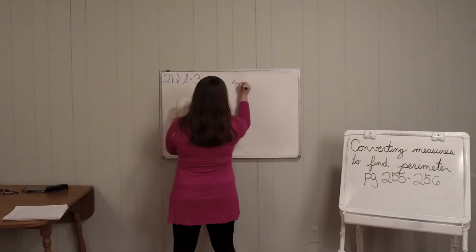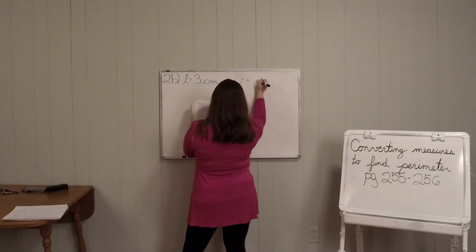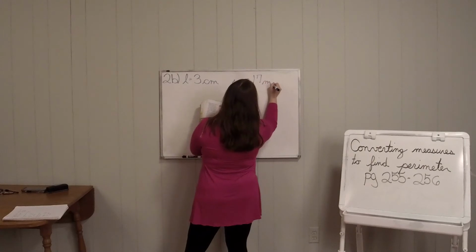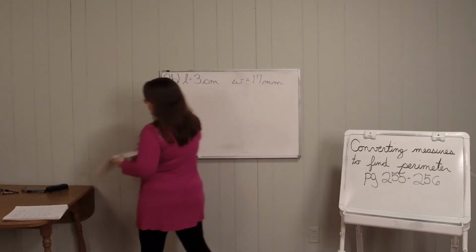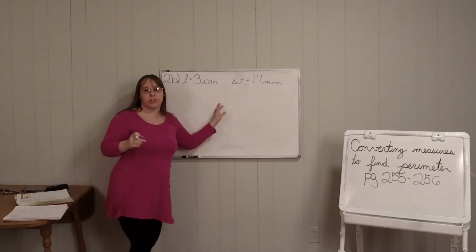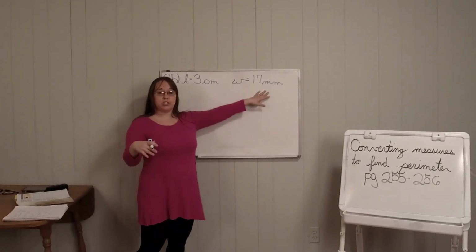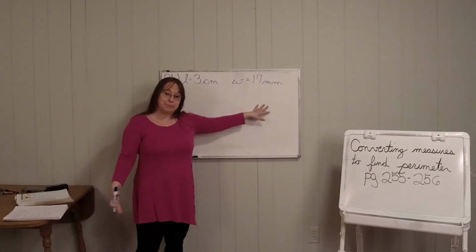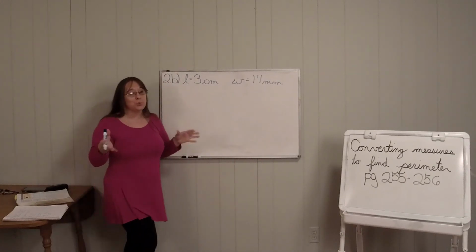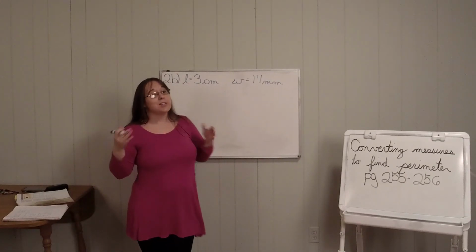And it says the width is 17 millimeters. So to make sure you can pick the right one, which is the smallest form of the measurements, it's centimeters or millimeters. You should already know which one is the smallest. So you can go ahead and tell me.